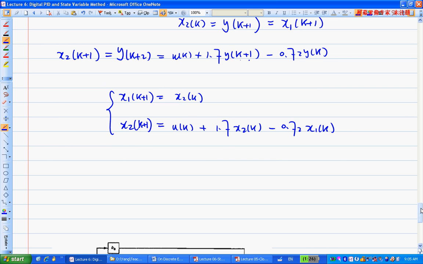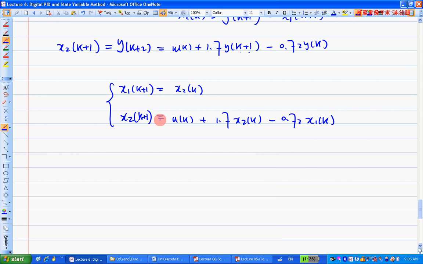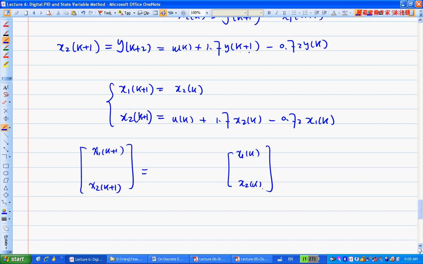So we will be able to rewrite this set of linear equations into a matrix format. One side is x1 of k plus 1 and x2 of k plus 1, and on the other side I want to have this kind of form, plus a u of k term.